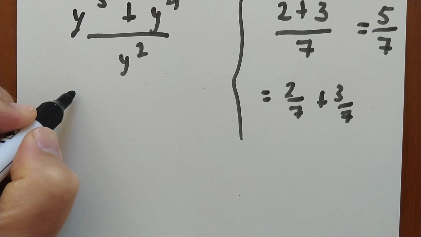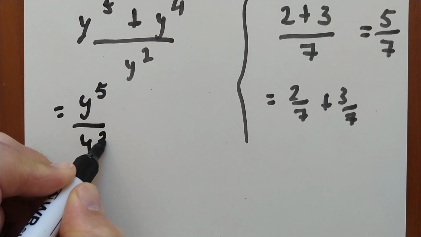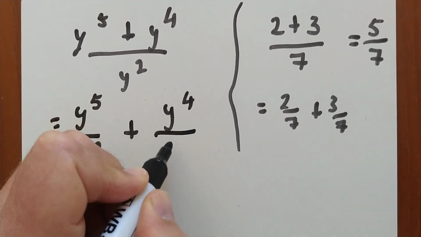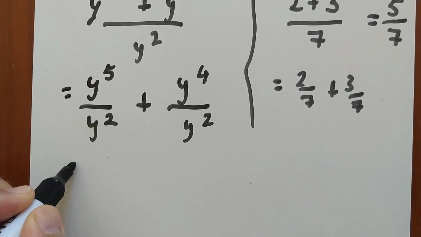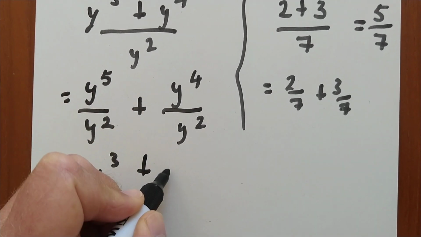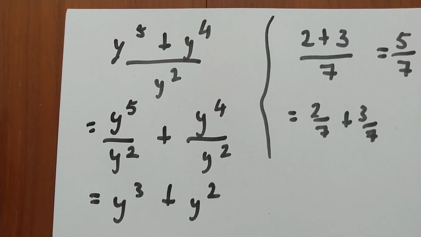So this becomes y to the power of 5 over y squared plus y to the power of 4 also over y squared. Oh, subtract the powers, we know how to do that. Y to the power of 3 and y to the power of 2. Y cubed plus y squared. That's it done.